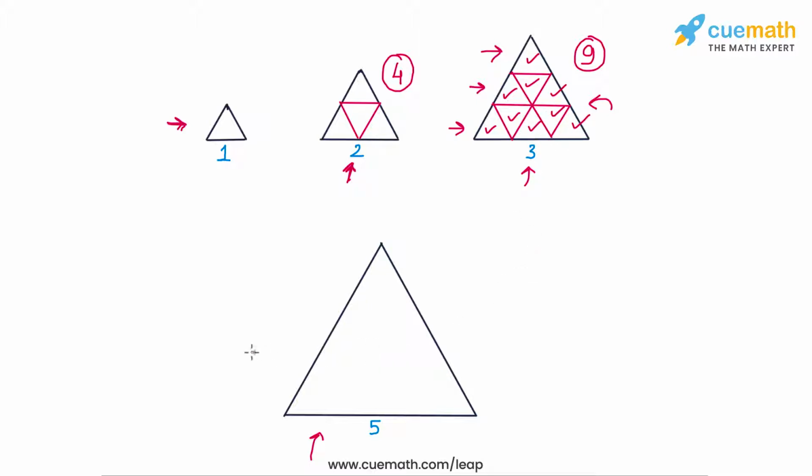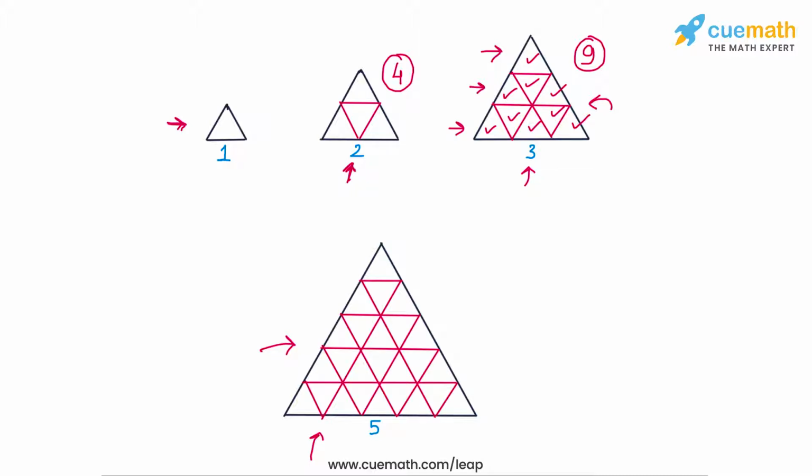And now that brings us to this fourth equilateral triangle of side 5. How many triangles of side 1 do you think can be fit into this equilateral triangle? So now the pattern should be easy to observe. We can actually fit 25 equilateral triangles of side 1 in this equilateral triangle of side 5 in 5 rows like this, right?